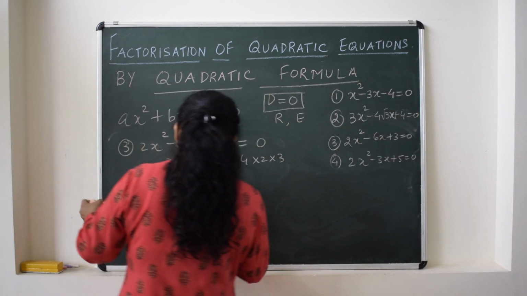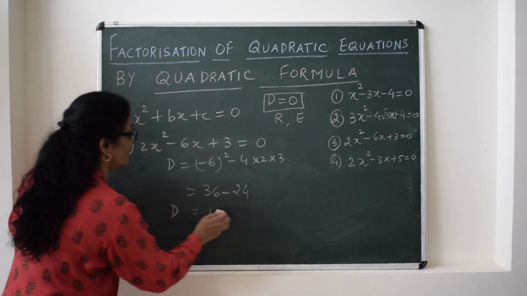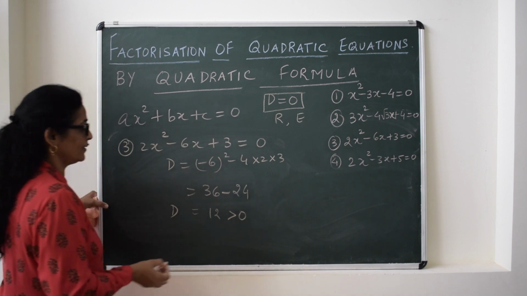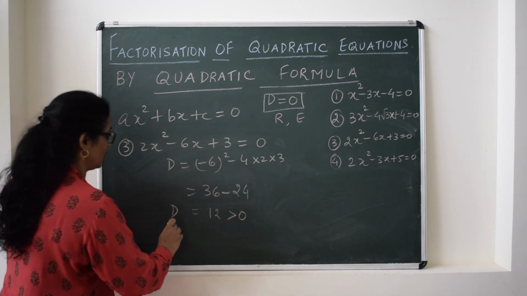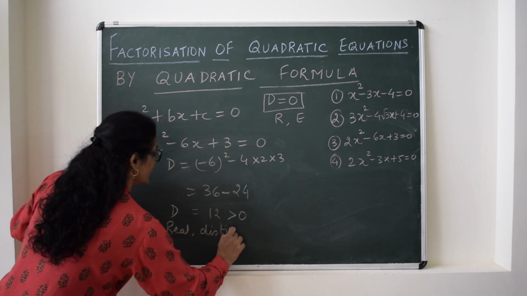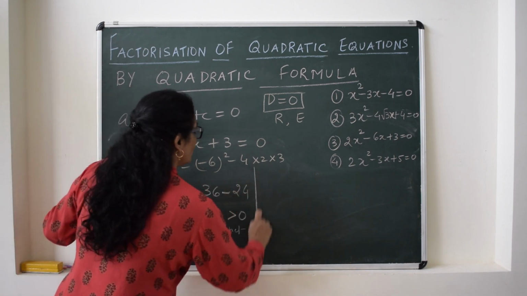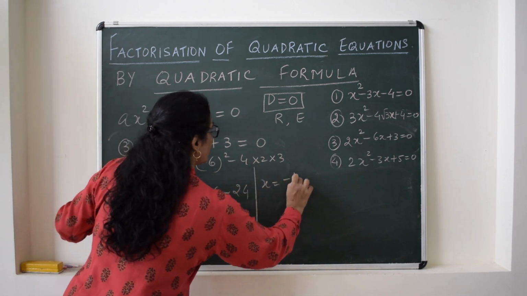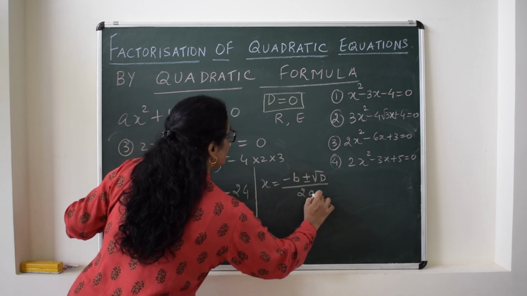Now use the formula. Here, first we will say, since d is equal to 12 and which is greater than 0. When d is greater than 0, then the roots will be real as well as distinct. Means the different roots we are going to get. So use the formula x is equal to minus b plus minus under root of d upon 2a.